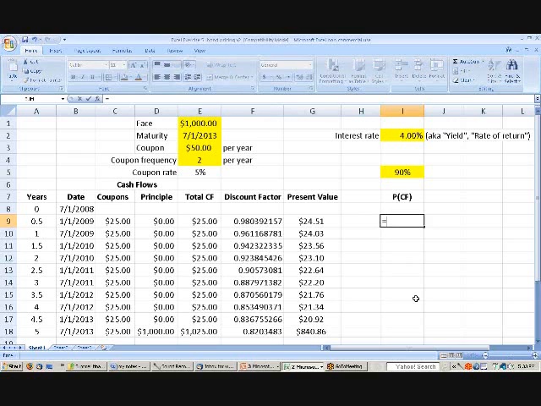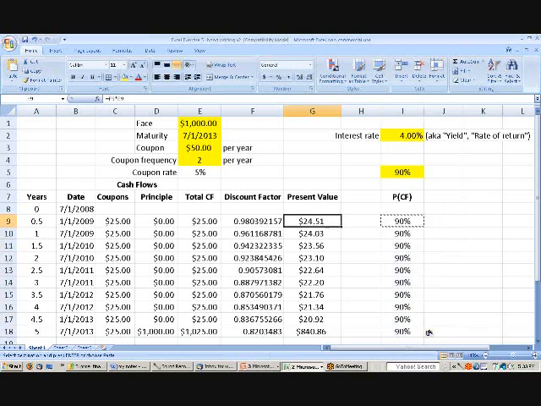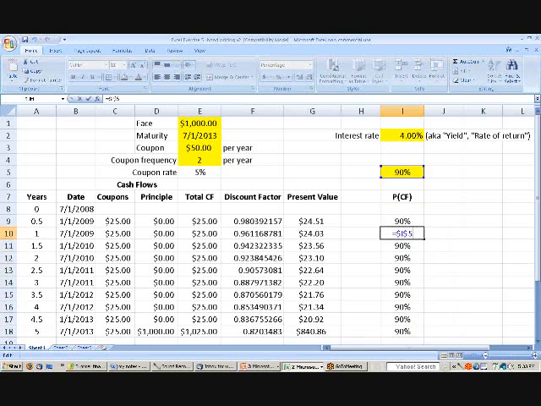And then for each of these cash flows, we're assuming the probability that it actually occurs is 90%. So I'm going to copy this down. For this first coupon, the probability that it occurs is 90%. For this next coupon, it's 90%. For the face amount, the principal cash flow, it's also got a 90% probability. So all these cash flows have 90% probability.